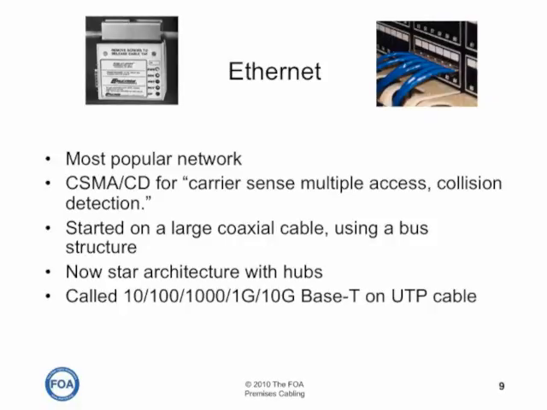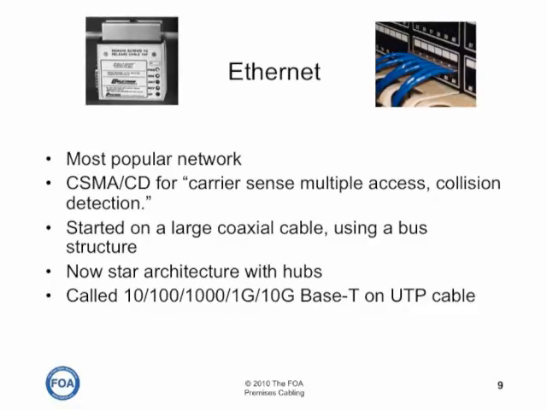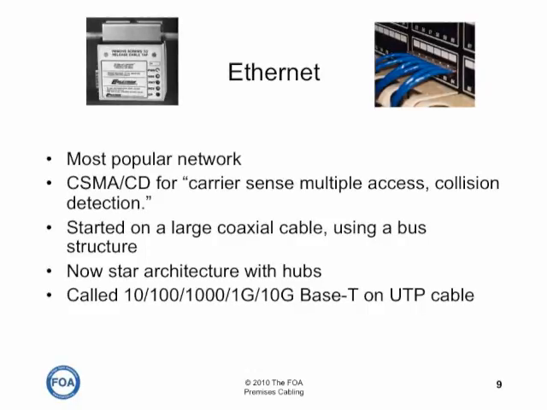Now it works on a star architecture with hubs and switches, using unshielded twisted pair cable, fiber optic cable, or wireless connections. On UTP cable, it's called 10BASE-T, up to 10GBASE-T on UTP.